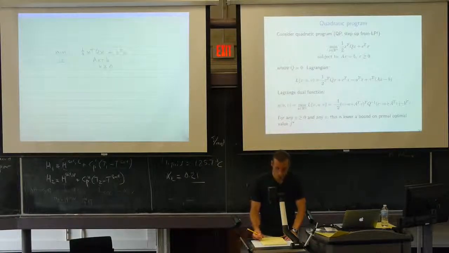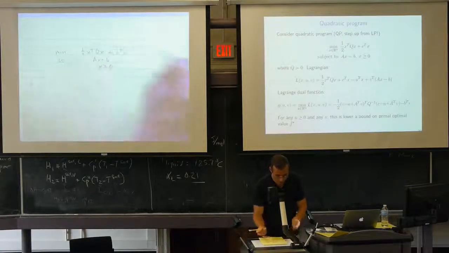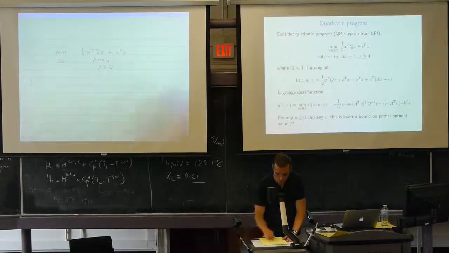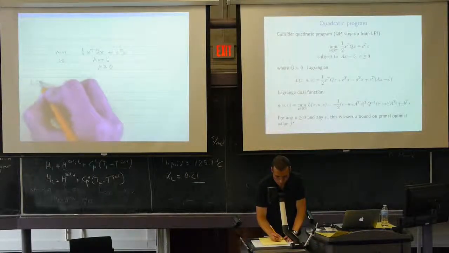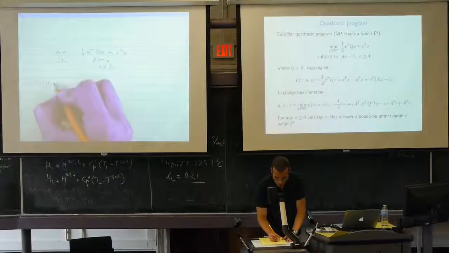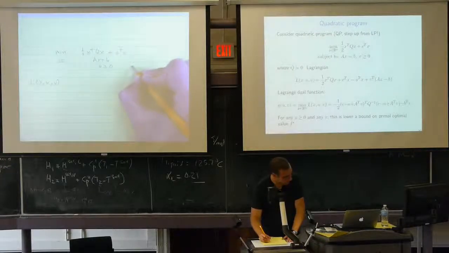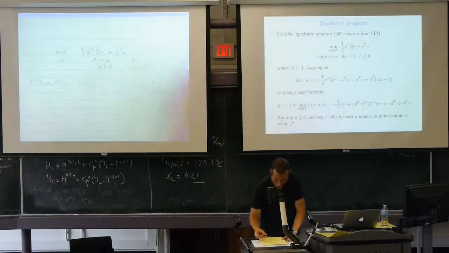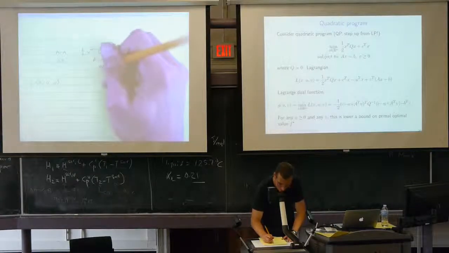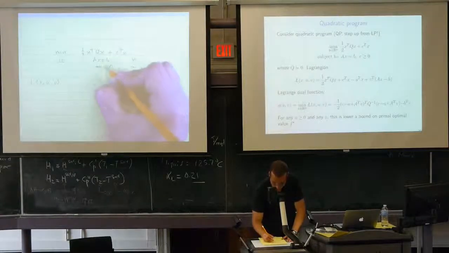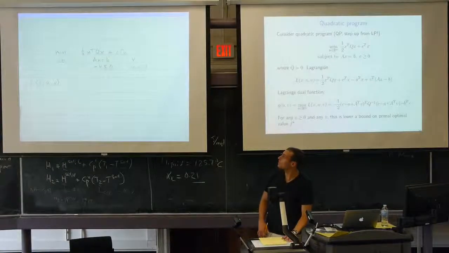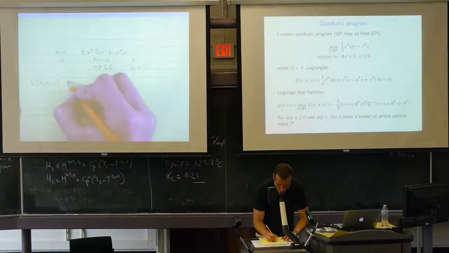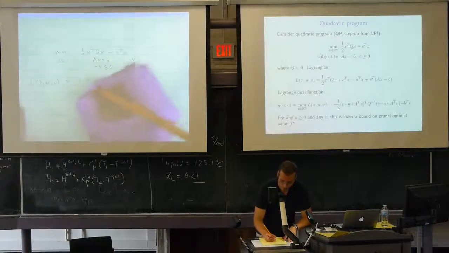So let's form the Lagrangian now. Just treat it like a generic problem because we know how to do it for generic problems now. L of x, u, and v. I'll put u here, which has to be bigger than or equal to 0. And I'll put v here, which is unconstrained. And I'll write this as minus x is less than or equal to 0 to fit the standard form of the problem.